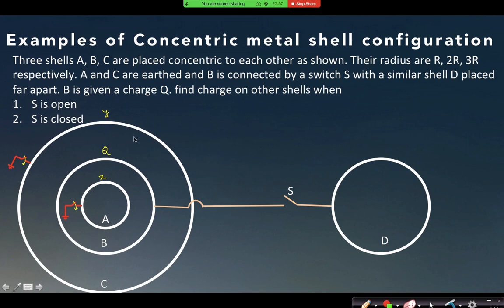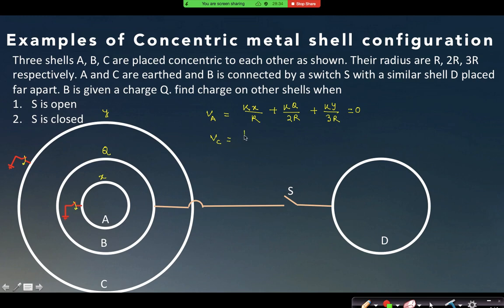So I can write one equation for the potential of the shell A. For the potential of the shell A, I can say it is k into X by R plus k into Q divided by 2R plus k into Y divided by 3R. Can I make it 0? Yes, sir. First equation. Then you can say what is potential at C. X and Y are unknown in this equation. X and Y are unknown. So what is potential at C?